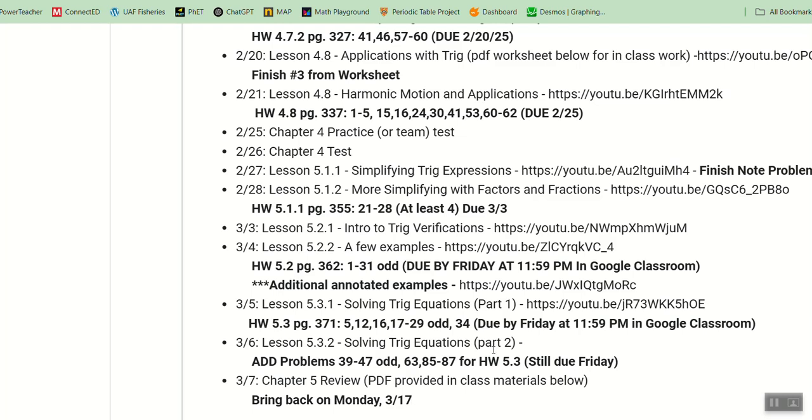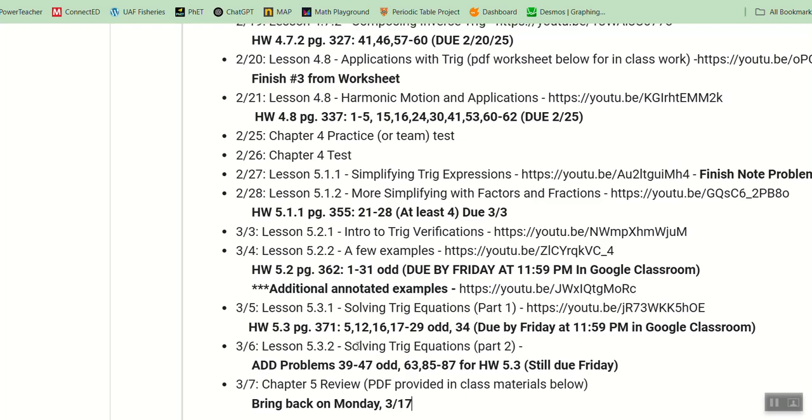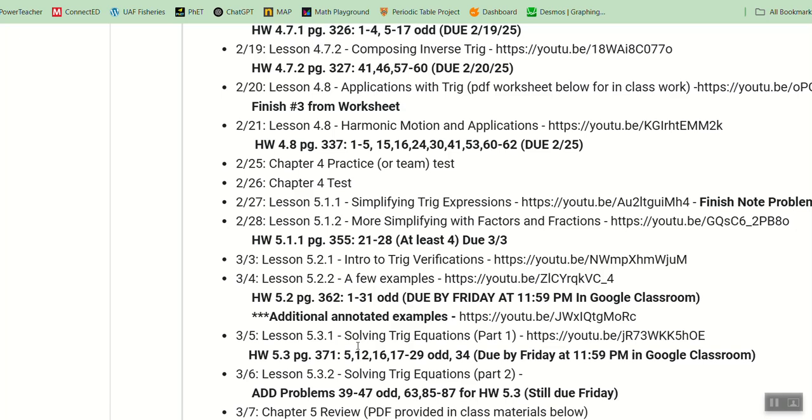Remember, they are pictures of your work submitted to Google Classroom. Tomorrow in class, you guys will be working the Chapter 5 review. In prior years, this was a quiz, but it didn't feel right giving you a quiz when I wasn't there for a ton of this chapter.